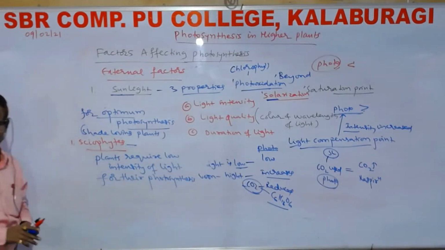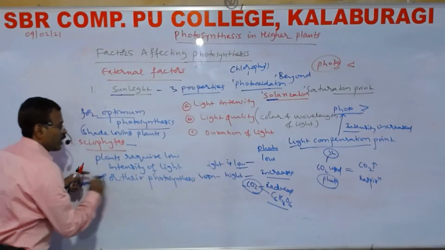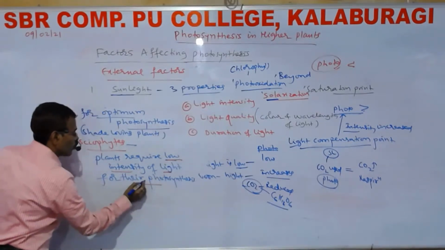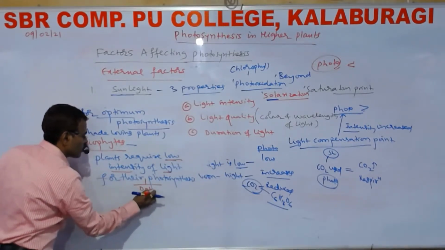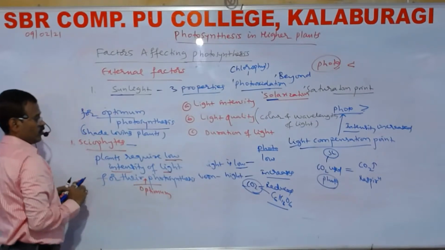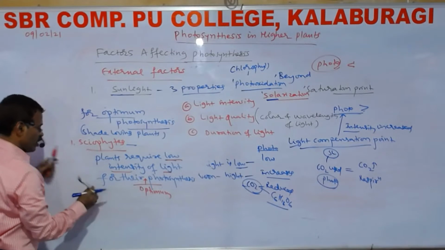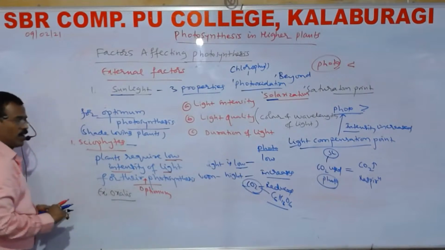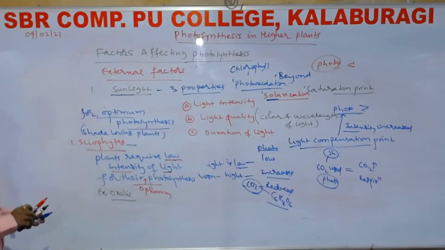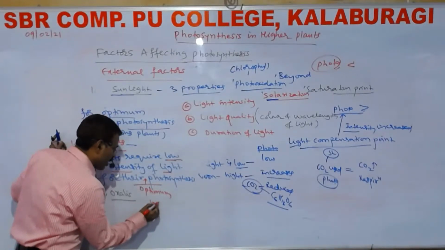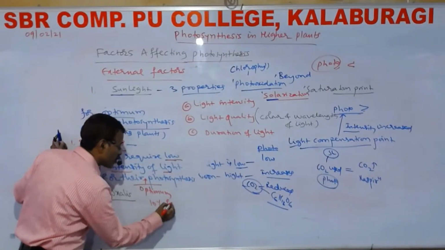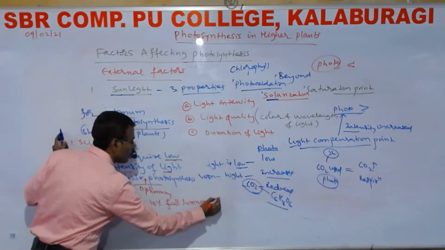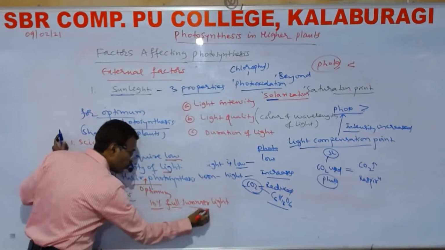The plants which require low intensity of light for their optimum photosynthesis are called sciophytes. An example is oxalis. Sciophytes need only 10% of full summer light.